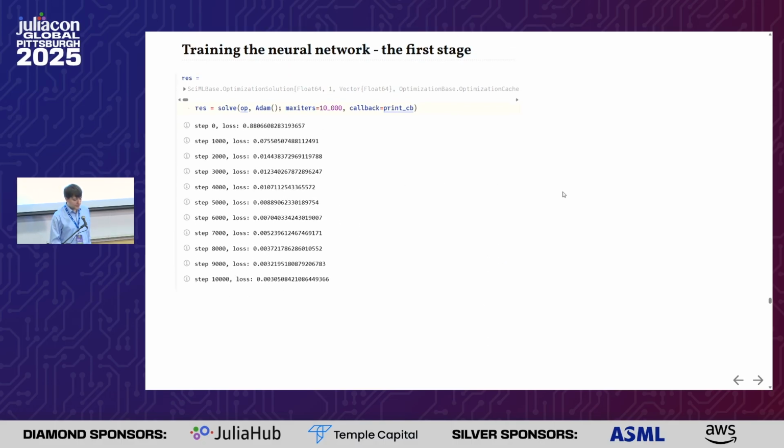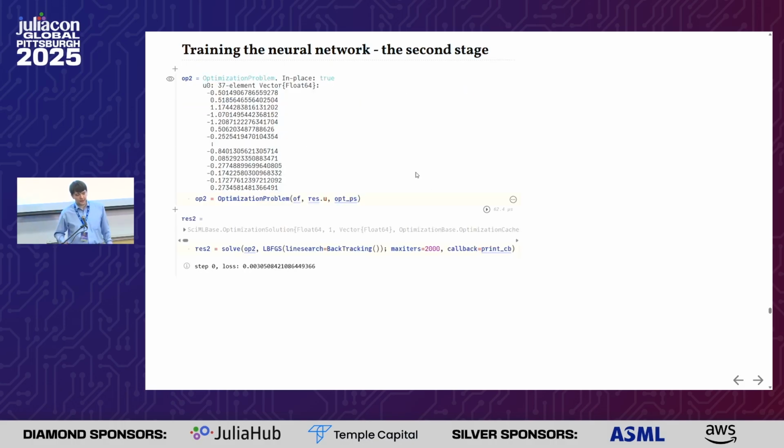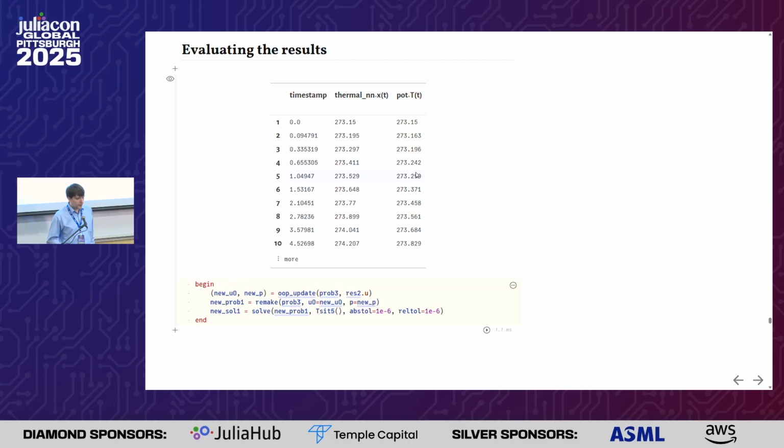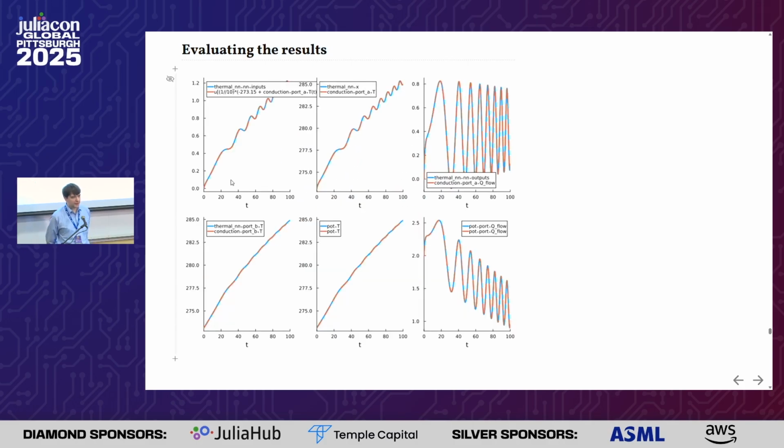Then, in the second stage, we can create a new optimization problem where we start from where we stopped with Adam and then do LBFGS, and this will get us our trained neural network. Now let's build a new ODE problem and see how well this fits.